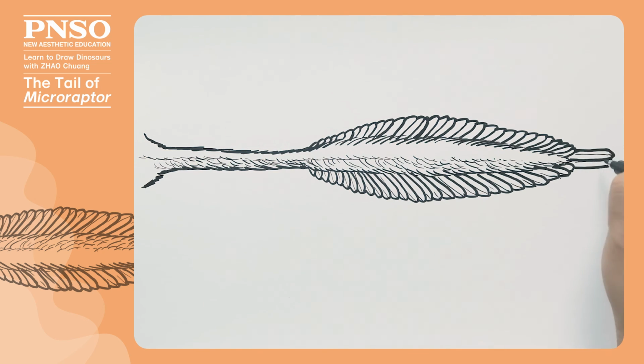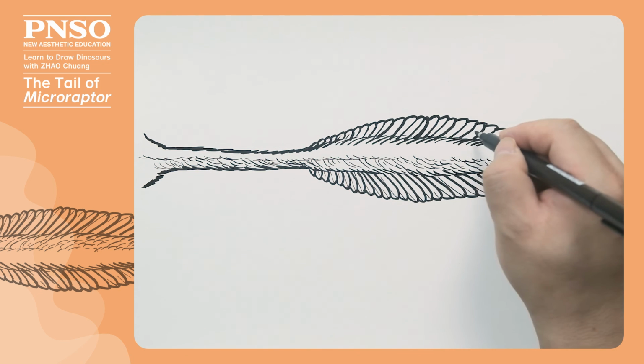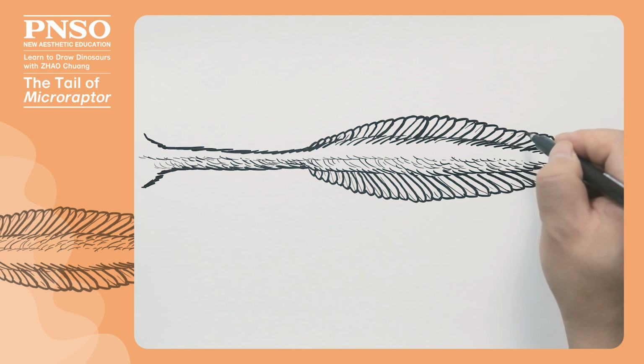And then the last two ones in the rear. For the upper feathers, we can show some traces with fine lines, and no need to draw each of them.